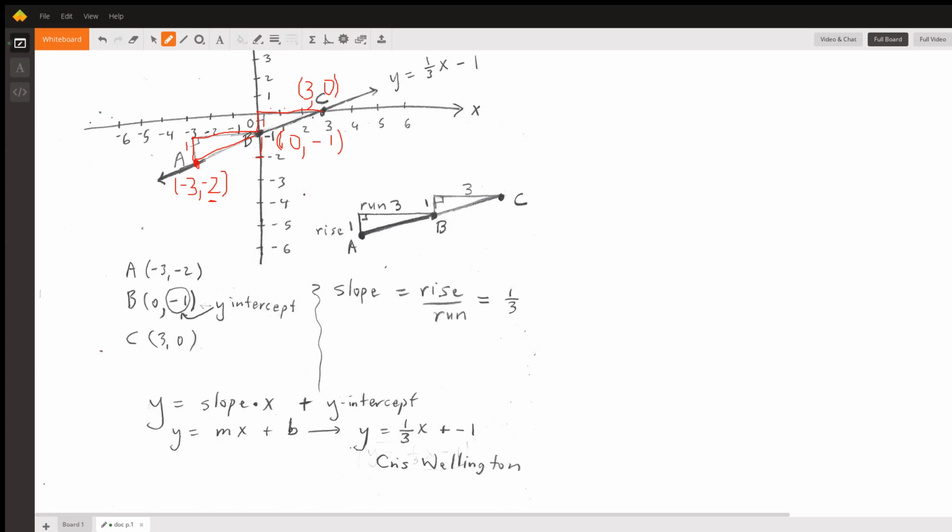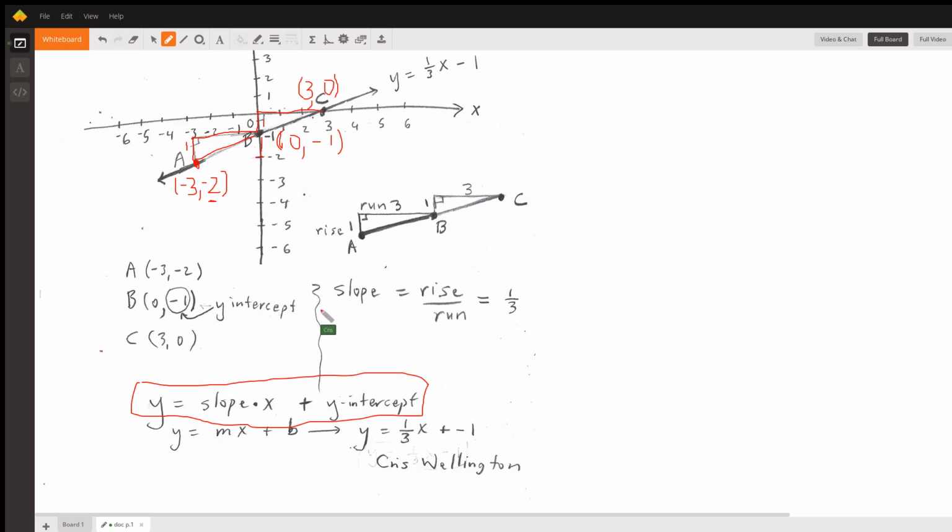And so we have this general form of a linear equation that we like to call the slope-intercept form. You can see the words are written out. The equation says y is equal to the slope times x plus the y-intercept.